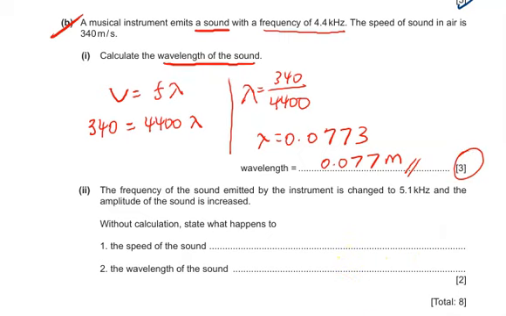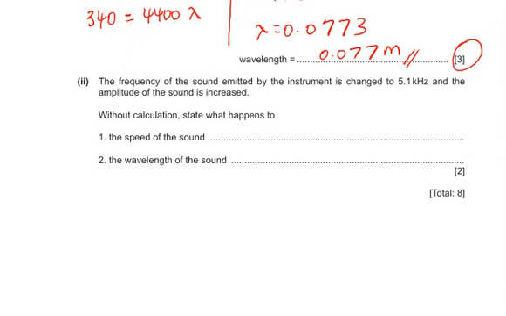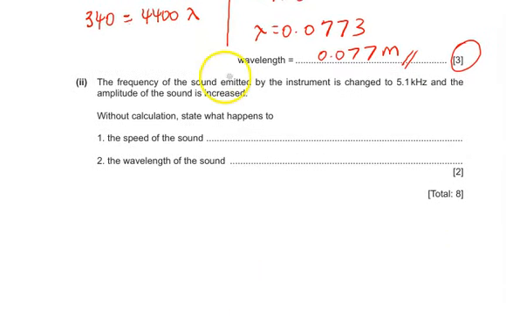Now let us look at the next question. The frequency of the sound emitted by the instrument is changed to 5.1 kilohertz. If you notice, the previous one is 4.4 kilohertz. This is the frequency, and then they change it to 5.1 kilohertz.